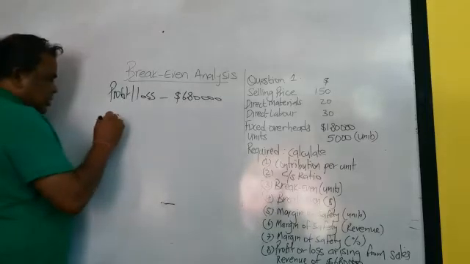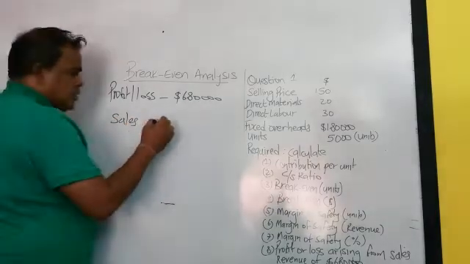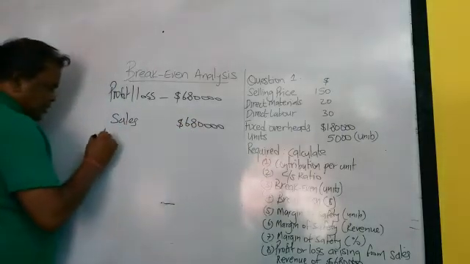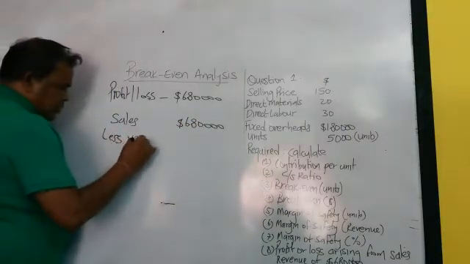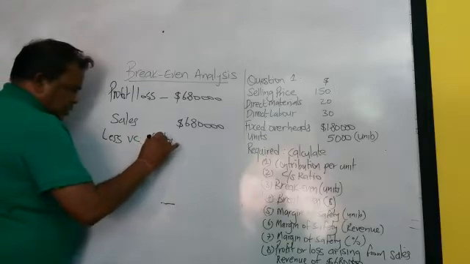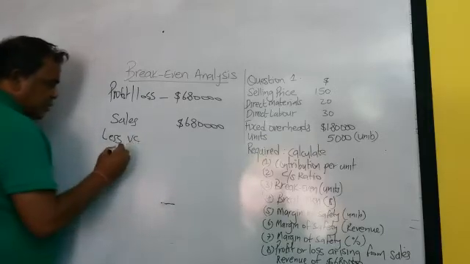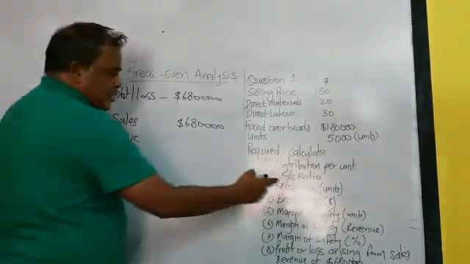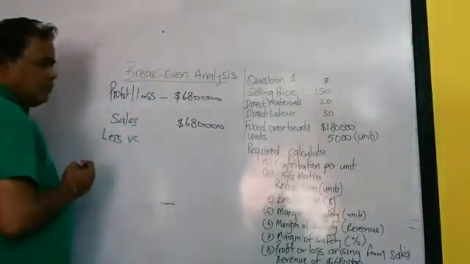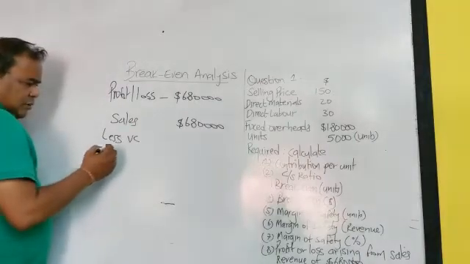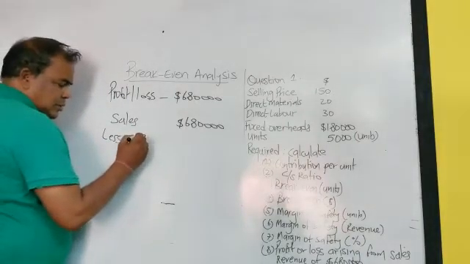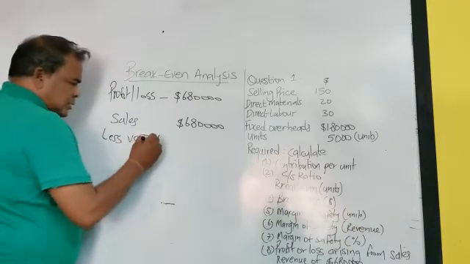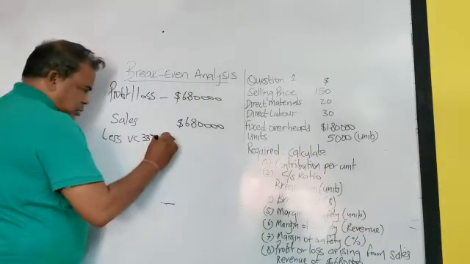Sales, $680 000, less variable cost of sales. We have obtained the CS ratio, 67%. Therefore, variable cost of sales will be 33% of 680 000.